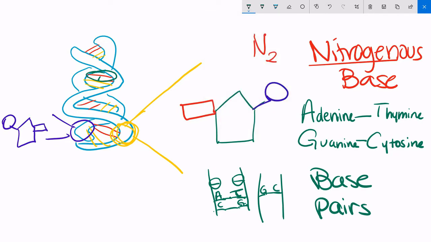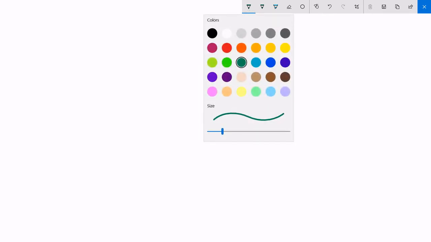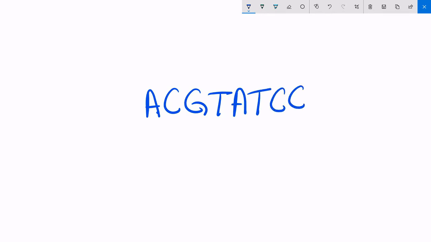So what does this mean for creating who you are as a human? So DNA, with all of these nitrogenous bases that we have, lays out, this is just me making a random sequence, any sequence of letters, and in that sequence, you will have what's known as a gene.